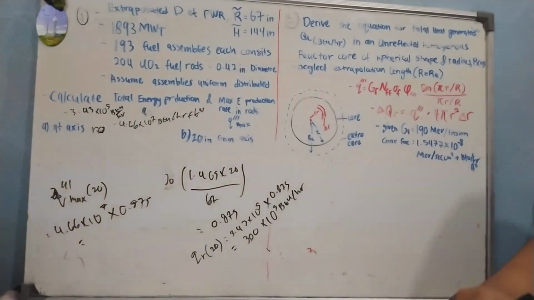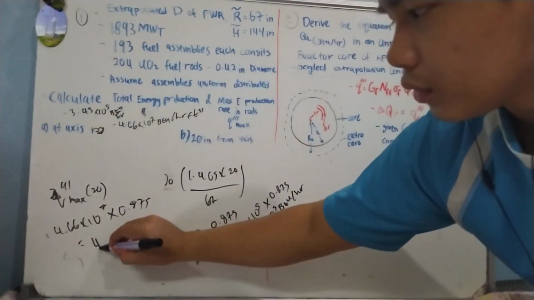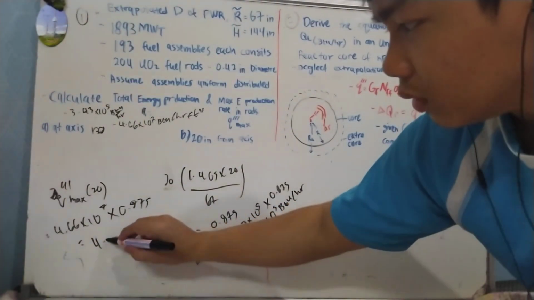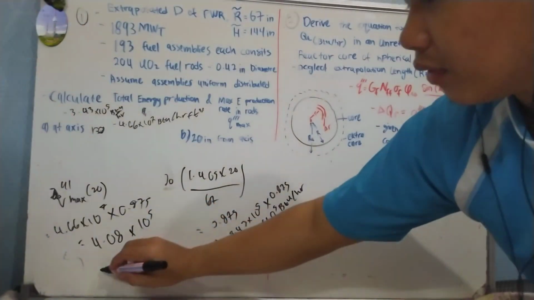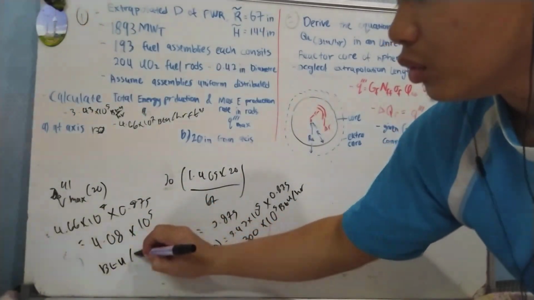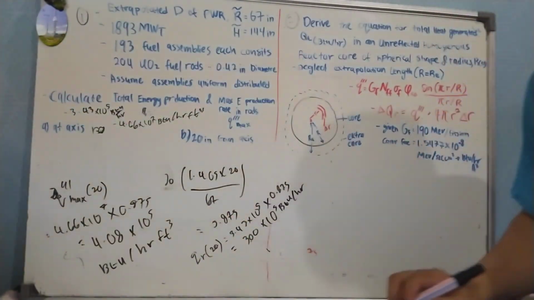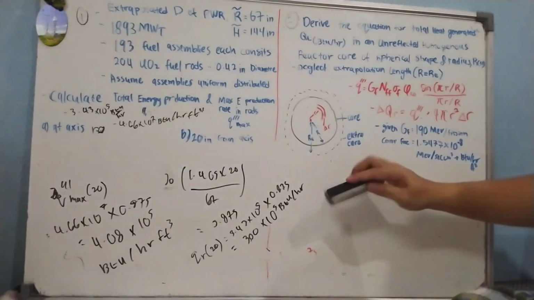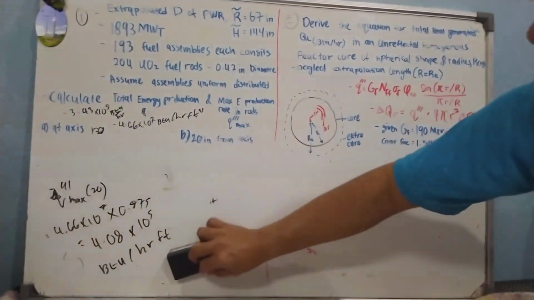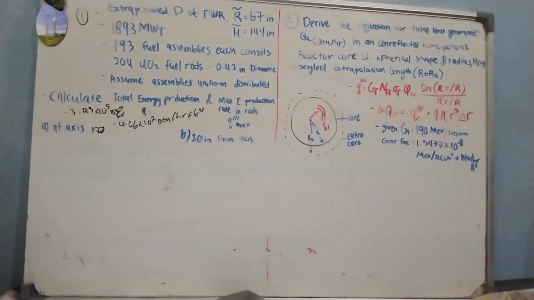So the final answer will be 4.08 times 10 power of 7 BTU per hour feet cubic. So that's all for the first question. The second question we go to here.